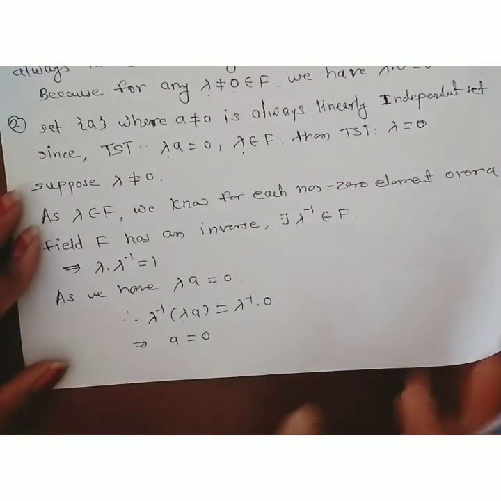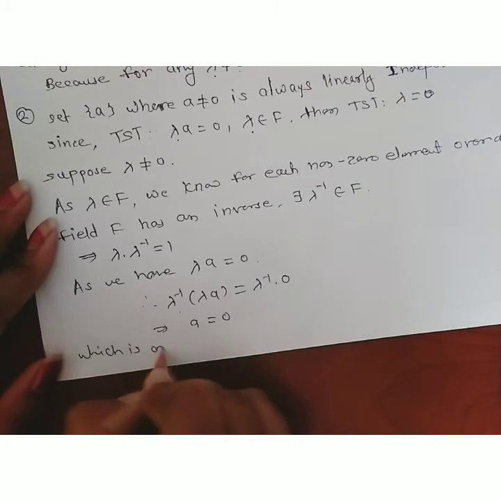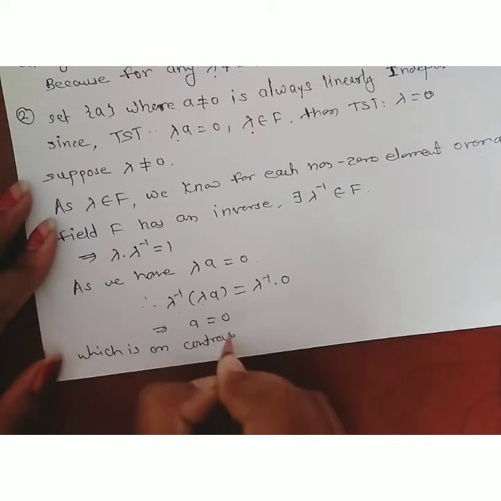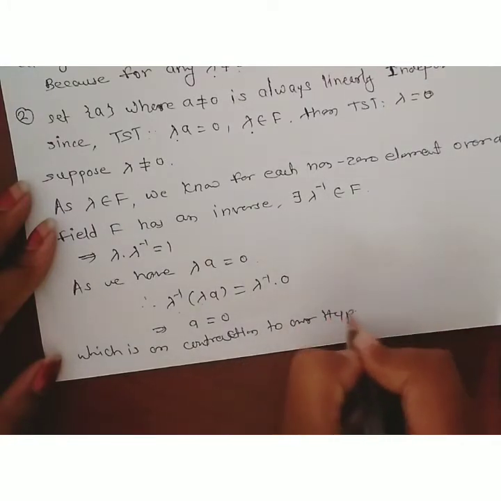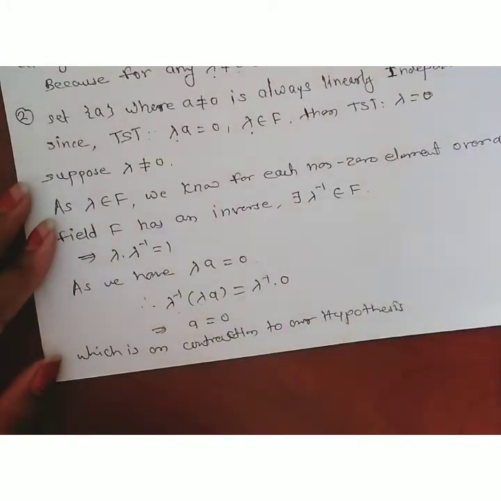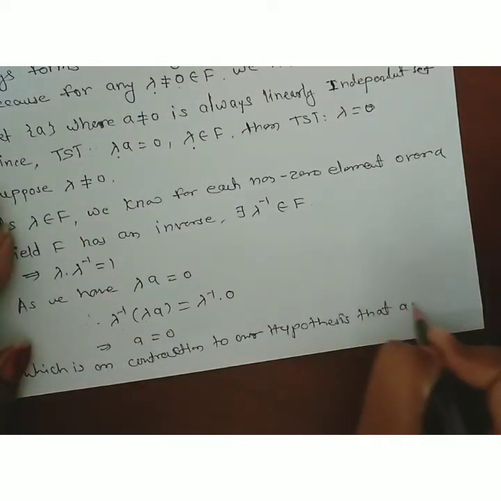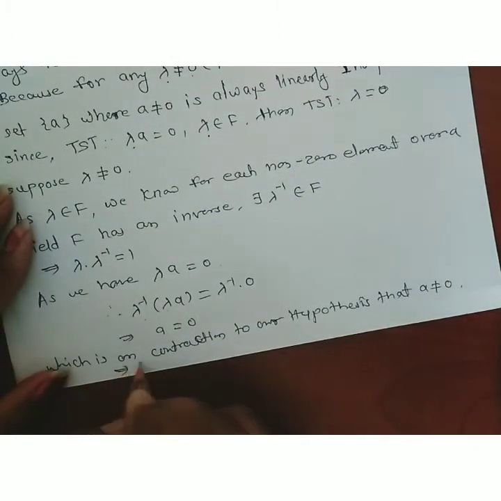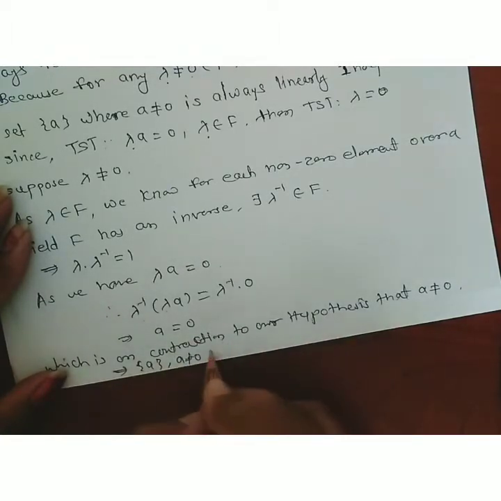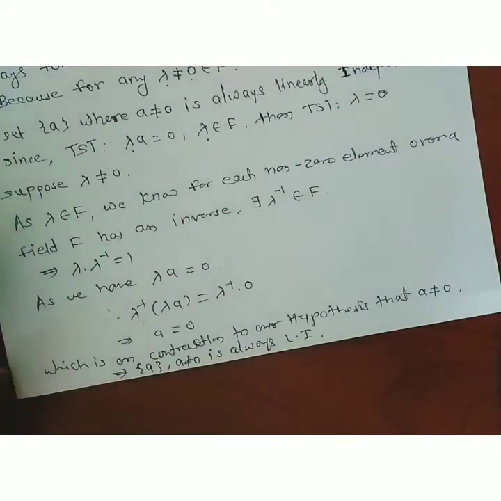This is a contradiction to our hypothesis that A is a non-zero element. This implies any singleton set A, where A is a non-zero element, is always a linearly independent set.